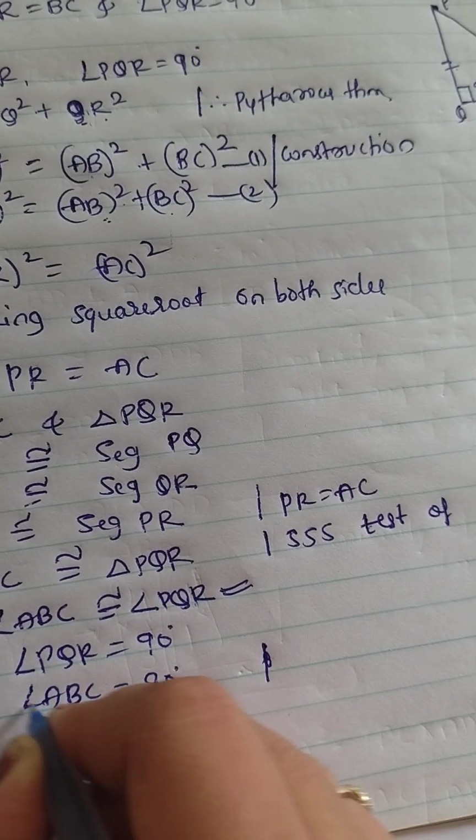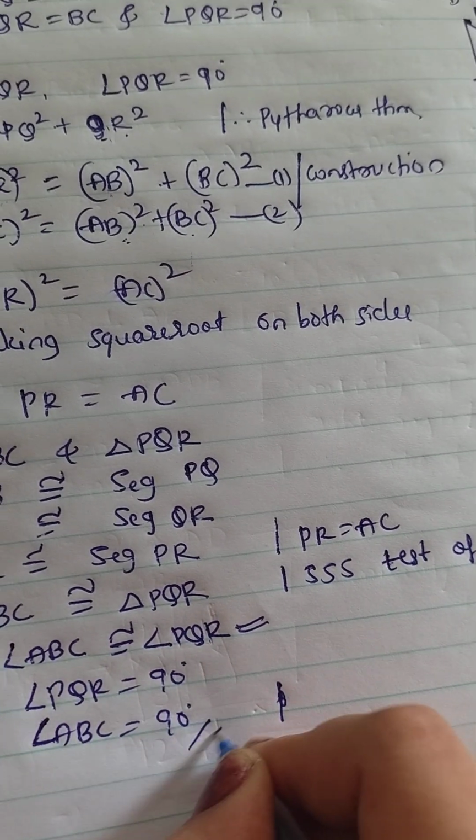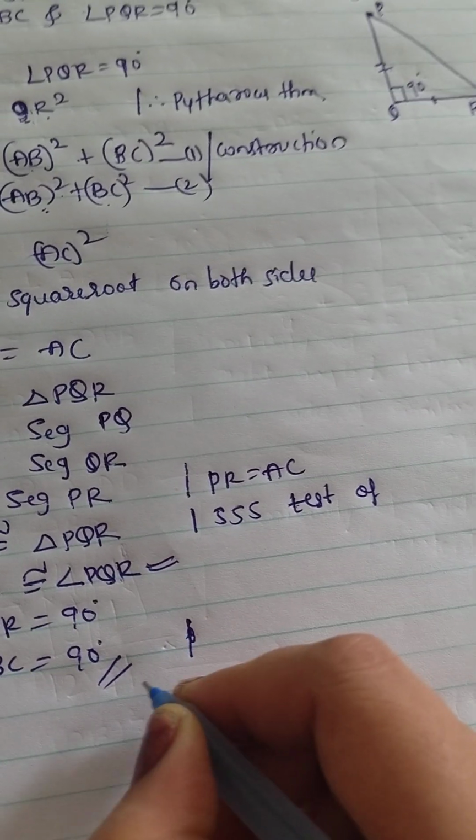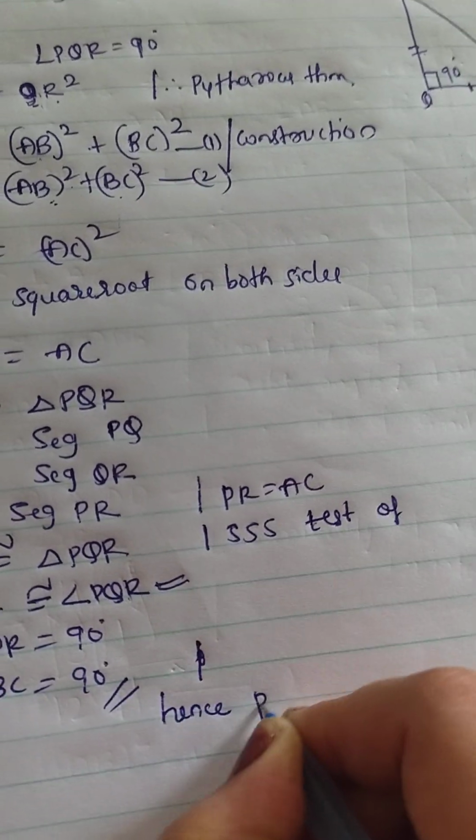So that's why angle ABC is 90 degrees. This angle is also 90 degrees here. This is proved, hence proved.